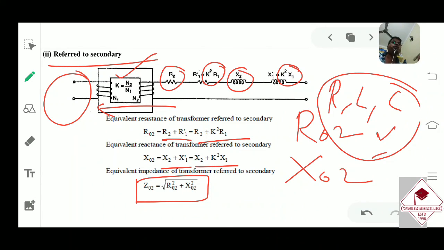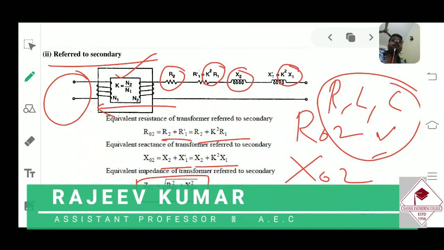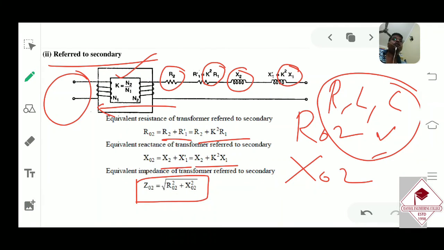Clear? Hope you understand this while finding the equivalent circuit. The equivalent circuit is very important from the exam point of view also, because in exams it is often asked to find the equivalent circuit of a transformer.